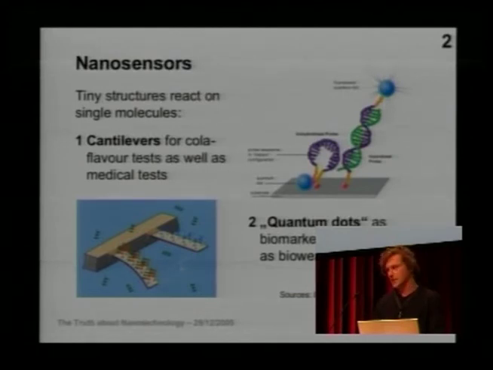Another thing is quantum dots. These are nanoparticles, let's say, like 5 to 20 nanometers in diameter, semiconductors. And they have a strange electronic structure.